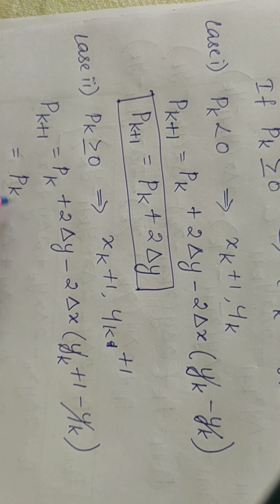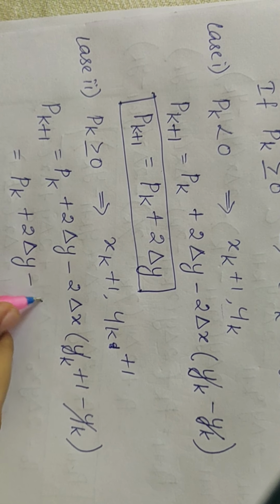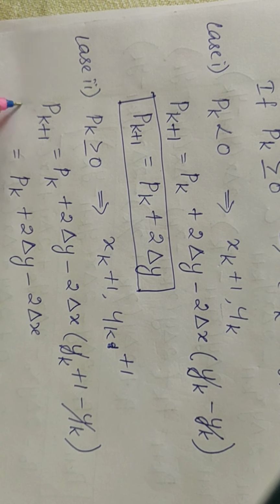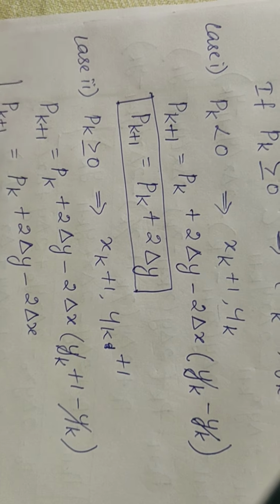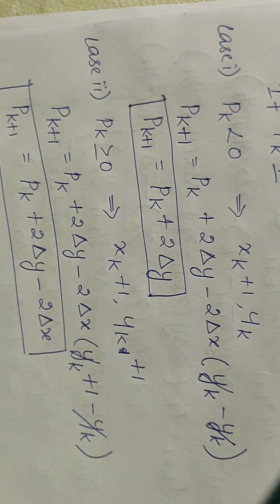What remains is pk plus 2 delta y minus 2 delta x. This is the decision parameter for the next pixel in this case.